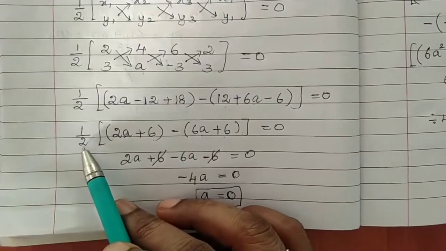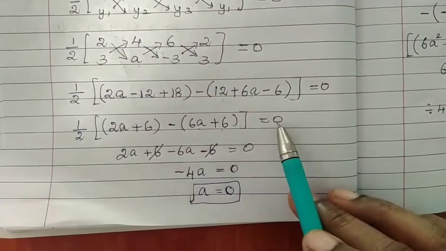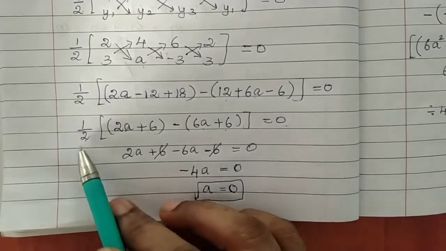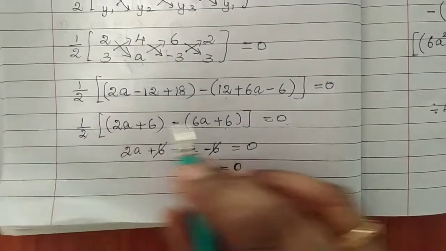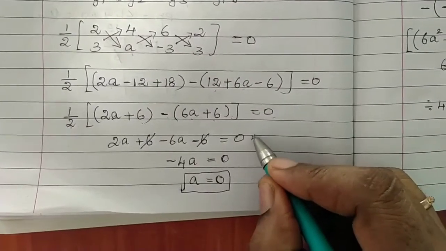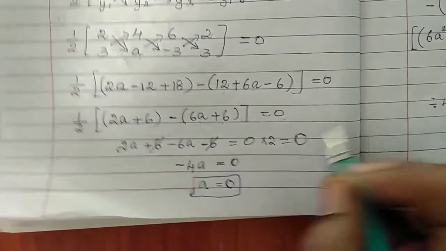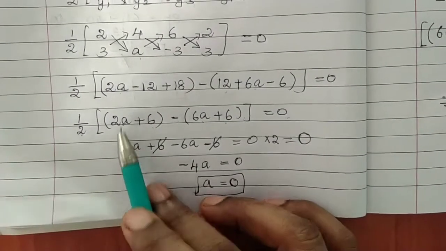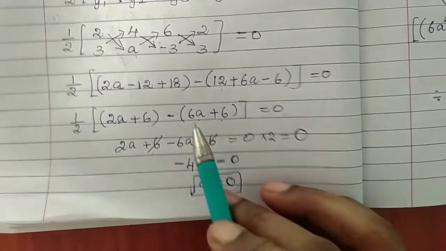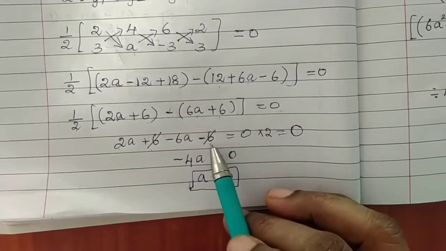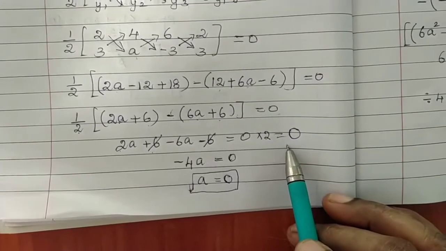Now the 2 divide, go to that side, multiply, that value equals 0. The 2 multiplied goes to that side, 0 into 2, 0. Cancel. 2a plus 6 multiplied by the minus sign, minus 6a minus 6 equals 0.